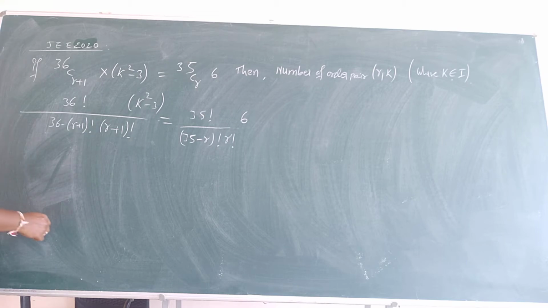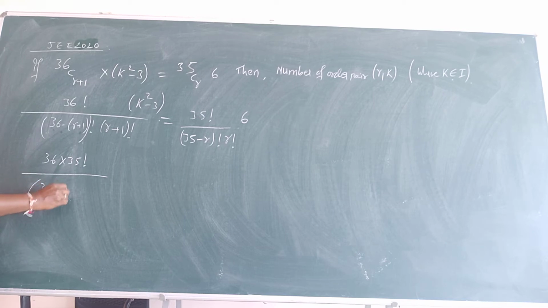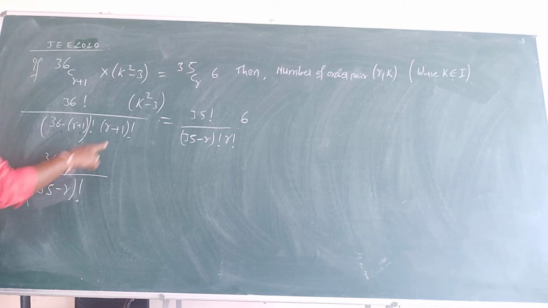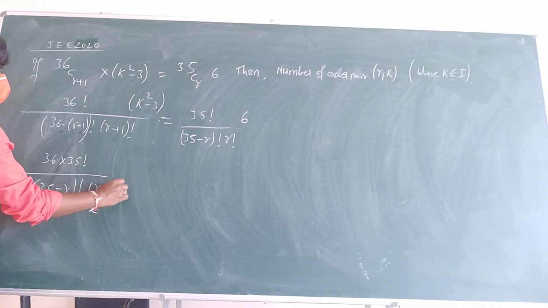Here I can write 36 factorial as 36 into 35 factorial. The denominator 36 minus r plus 1 is 36 minus 1, that is 35 minus r factorial. I write (r plus 1) factorial as (r plus 1) into r factorial.